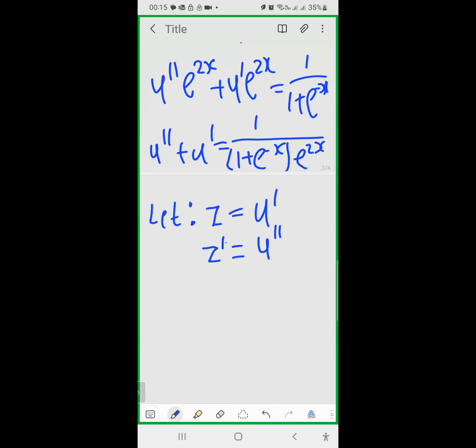Thus, our new differential equation will be z prime plus z equals 1 over 1 plus e to the power minus x, and then multiplied by e to the power 2x.